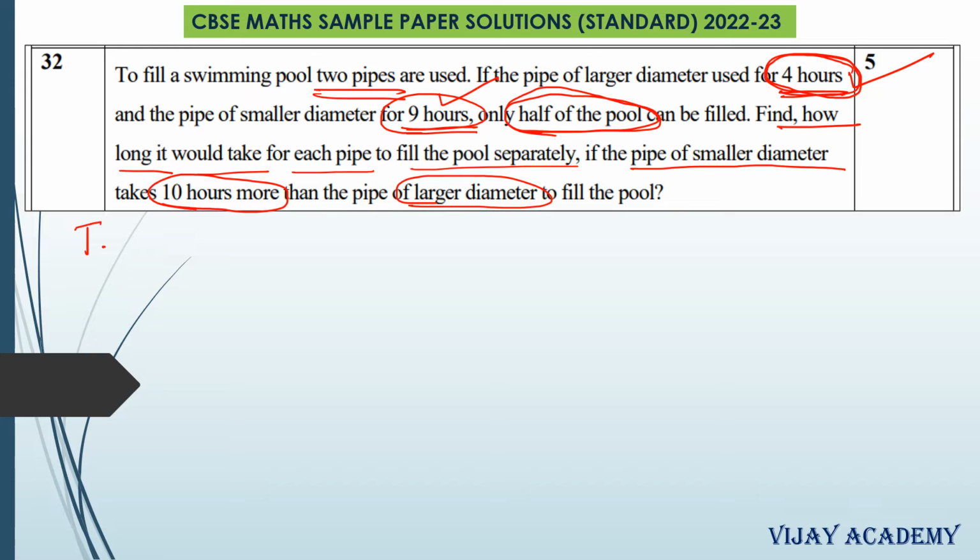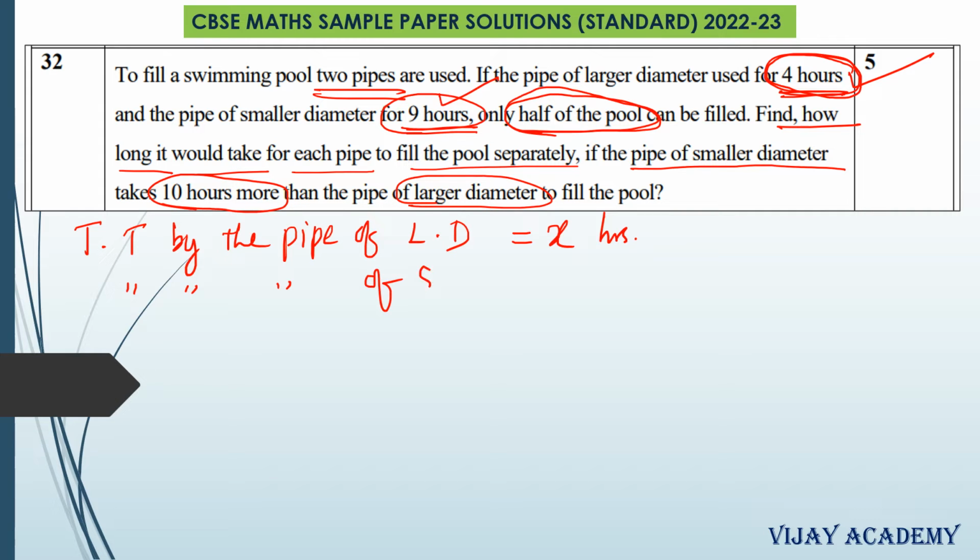So time taken by the pipe of larger diameter equals x hours. So time taken by the pipe of smaller diameter is x plus 10 hours, because it takes 10 hours more than the pipe of the larger diameter.